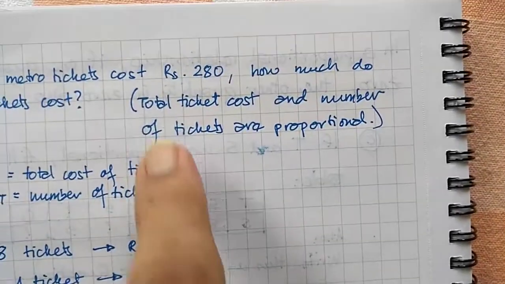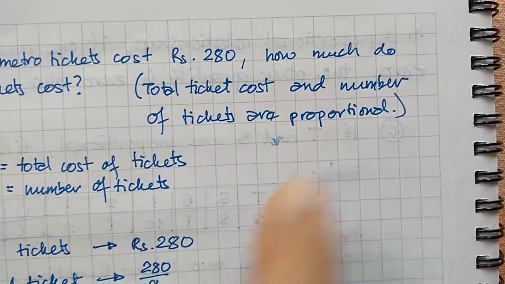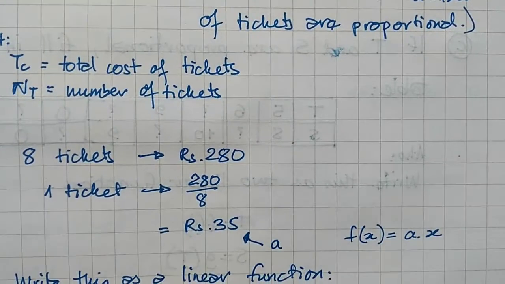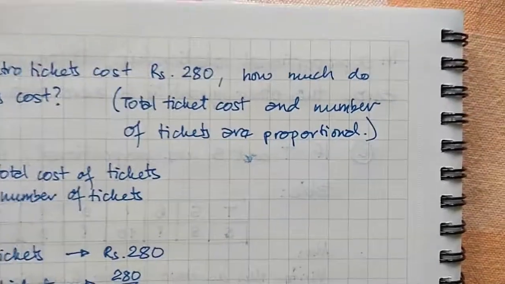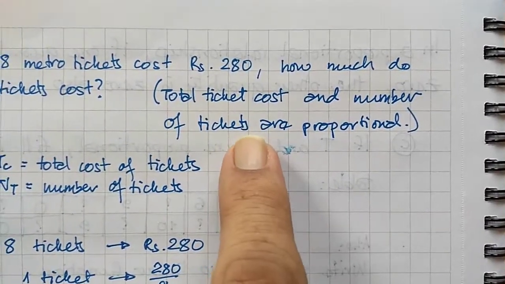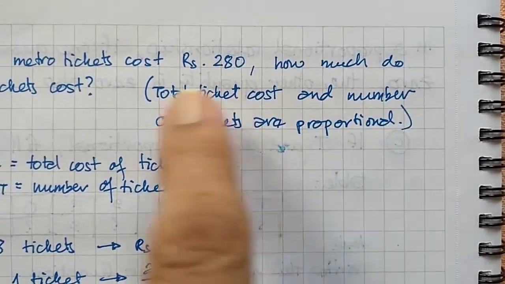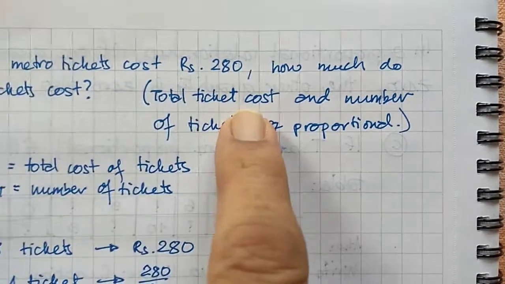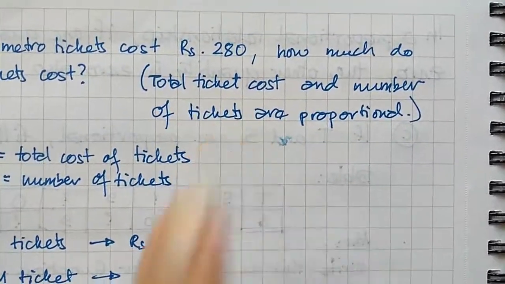Both of these linear functions are expressing the relationship that exists between these two quantities, total ticket cost and number of tickets.